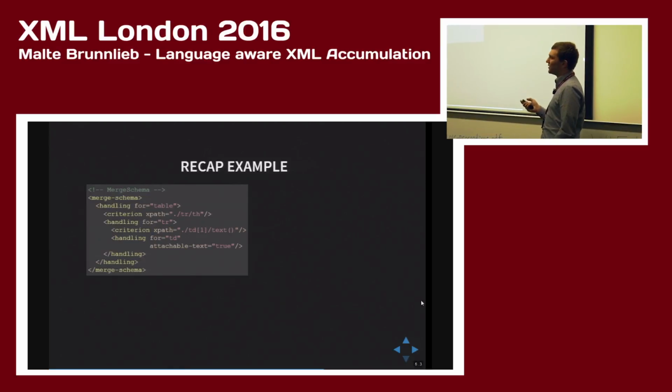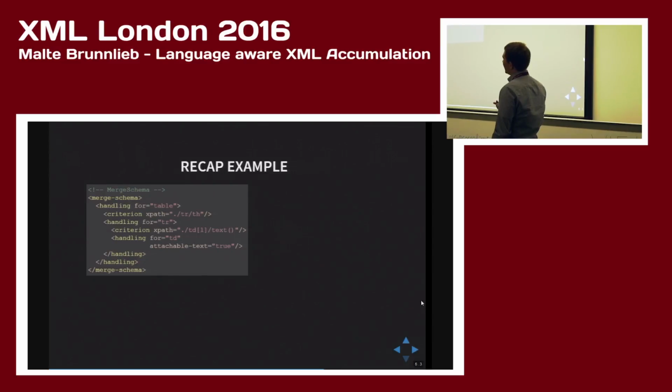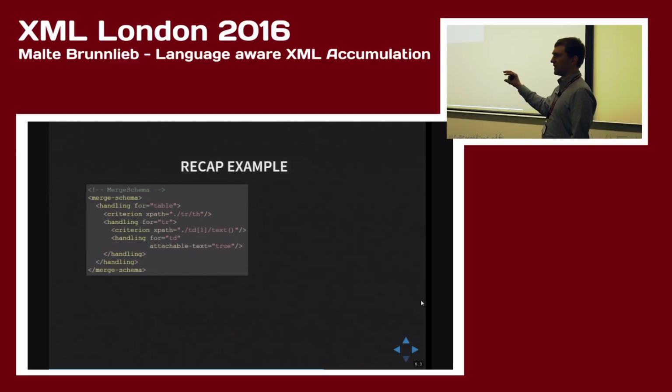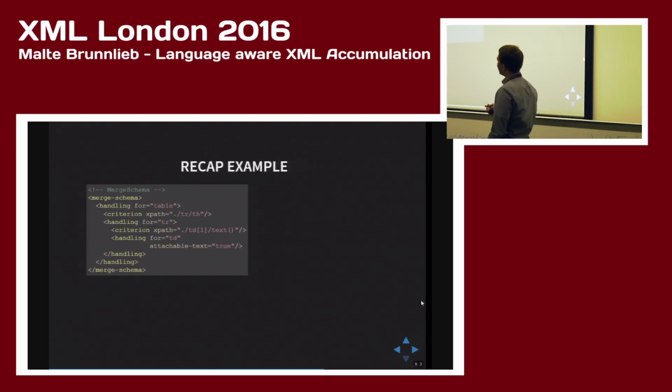So this is basically the XPath for describing the set of header values. And for the row, we now want to have the equality notion based on the first column text. And therefore we get the notion of finding the correct table where the same headers are in place, finding the correct row to be merged, and if this is done, then there's some additional stuff like this handling for TD.